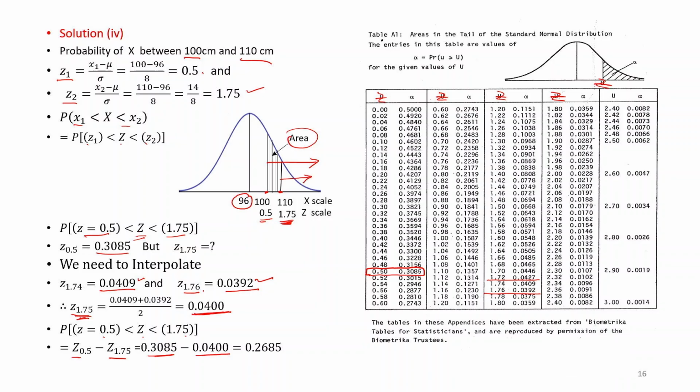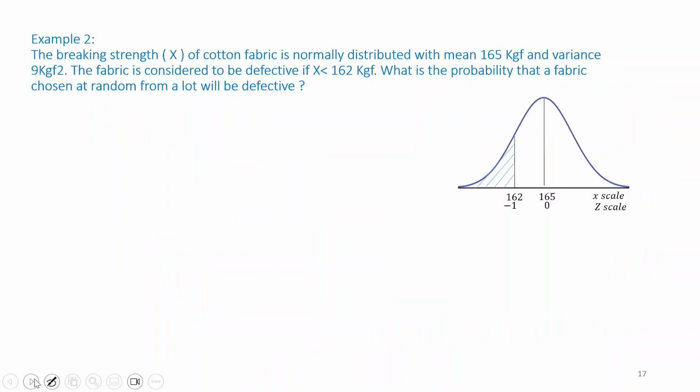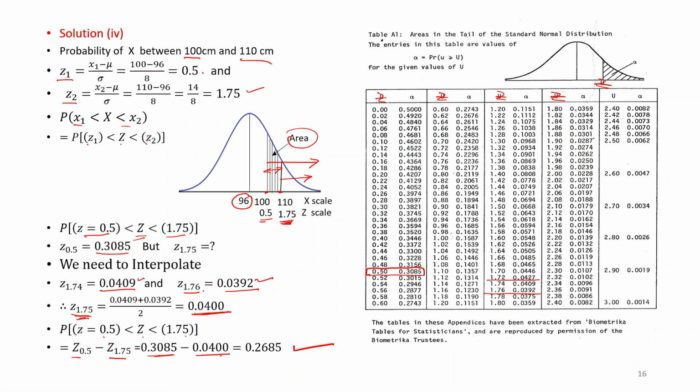These two areas I am getting. I need to know the area between these two lines. So we simply subtract, and get a figure 0.2685, and that becomes the proportion of values lying between 100 and 110 centimeter. Percentage wise, it will be 26.8%. So that is how we have to do the calculations.